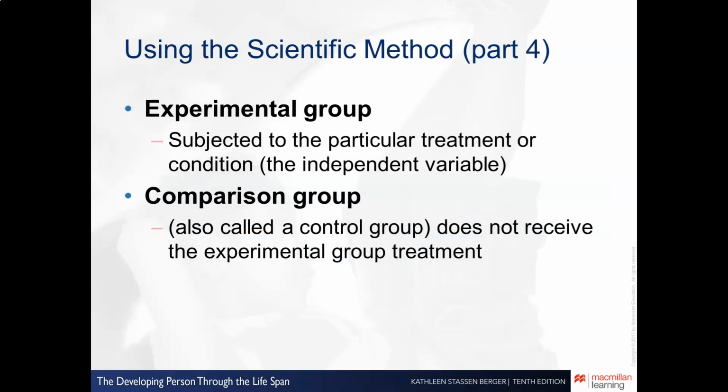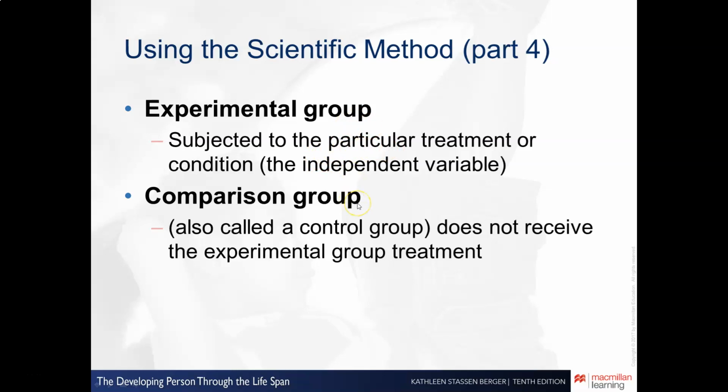So a couple of other important terms to keep in mind is the experimental group. They're the ones that are subjected to the particular treatment. So take, for instance, in my previous explanation, the specific drug, that would be called the treatment. So they're the ones that receive the independent variable. Those are called the experimental group.